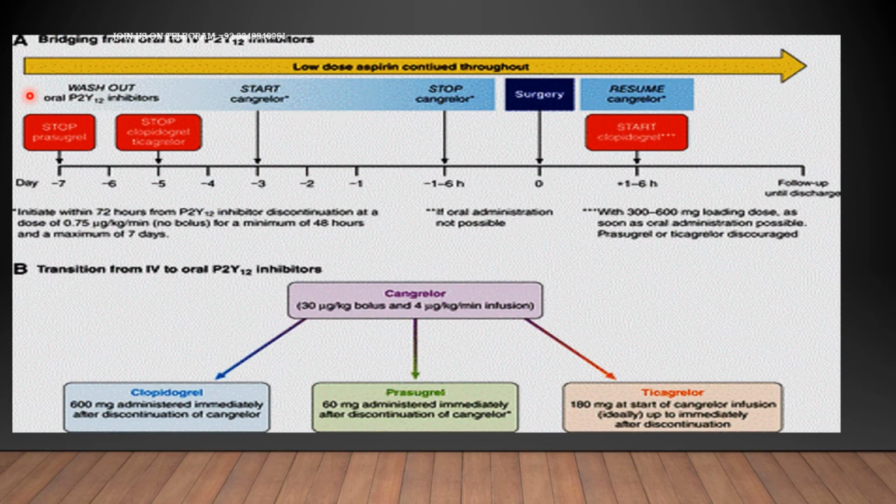For both cardiac and non-cardiac surgery, if withdrawal of P2Y12 inhibiting therapies is required, clopidogrel and ticagrelor are stopped. Prasugrel is stopped 7 days, clopidogrel and ticagrelor are stopped 5 days, cangrelor is started at 3 days, and it is stopped approximately 1 to 6 hours before the procedure.